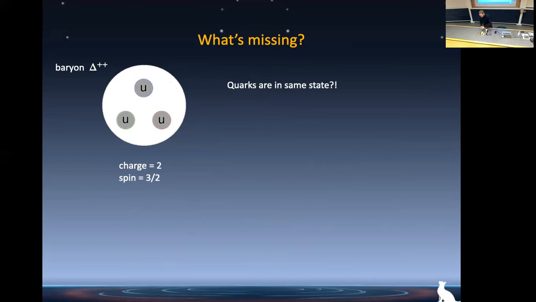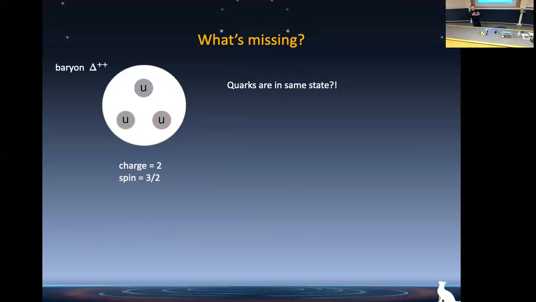It is a baryon called delta plus plus, because plus plus is the charge, the 2 units of plus charge. If you study the quantum numbers of this particle, you would deduce that you have 3 quarks, u, aligned with spin up inside this particle.